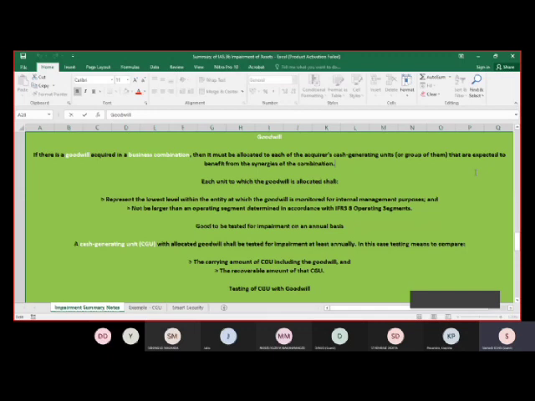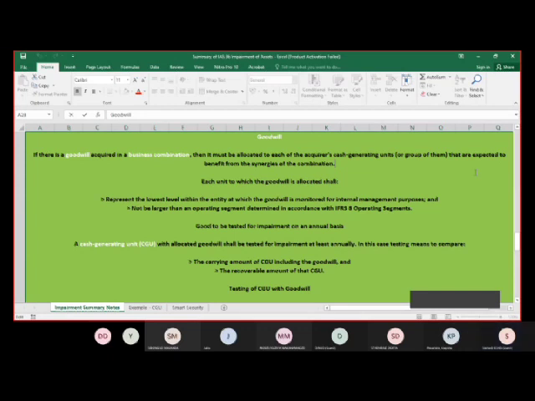So for goodwill in a business combination, in the individual financial statements of the entity that is being acquired, it won't be recognized, but it will be recognized in the group's financial statements, because they would have paid for that additional portion that doesn't relate to any of the assets.